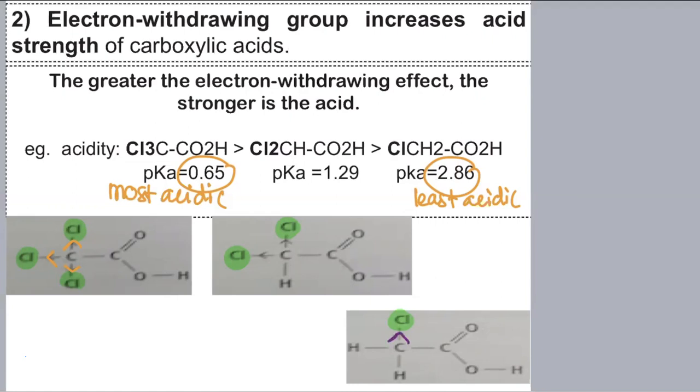The greater the electron withdrawing effect, the stronger the acid. That's why you have 3 chlorine atoms that are electron withdrawing. Therefore, the more stable your anion is, the more acidic it is.